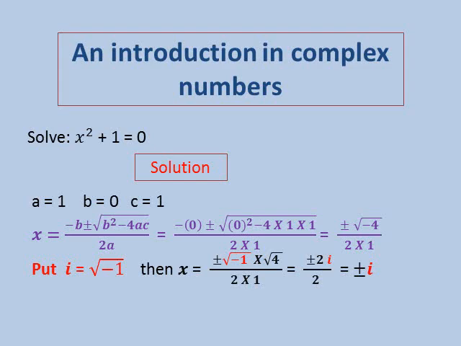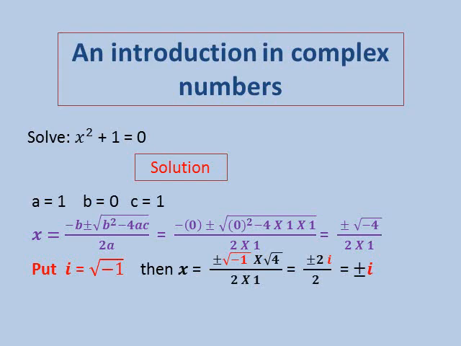We will simplify, so x will be ±i, where i is the square root of negative 1. i is a complex number, not a real number.